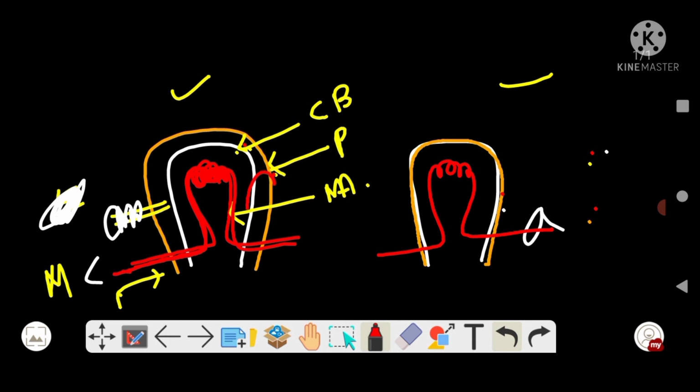So there will be formation of this subperiosteal abscess, because the organism is static in this region. They will grow here, they will multiply here, and this will result in abscess formation in later stages.